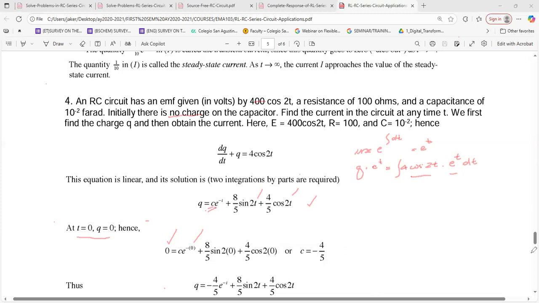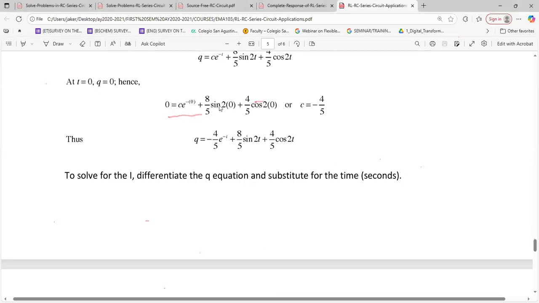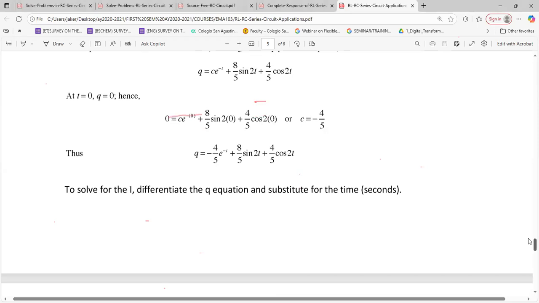So what you'll do is just simply erase this one. You just have to simply substitute the value of negative 4 over 5 here on the C. So, negative 4 over 5 here, and then copy everything that you have there.